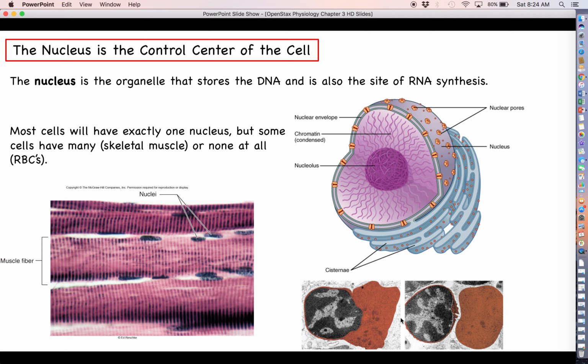On the other extreme, if you look down here in the bottom right, red blood cells, erythrocytes, do not have nuclei, because in the process of a red blood cell maturing, it basically kicks its nucleus out. You're actually looking at this process occurring in snapshot form. On the left side, you see the red blood cell just about to kick its nucleus out through a process called nuclear extrusion.